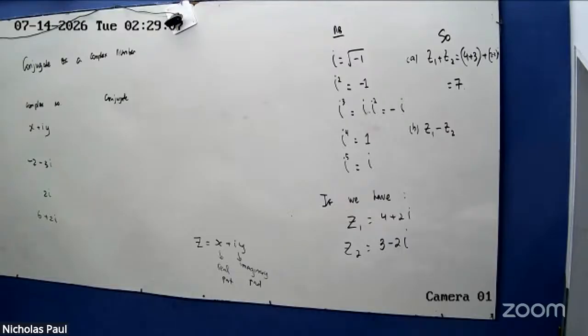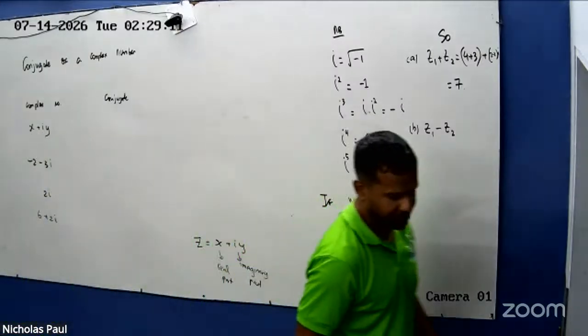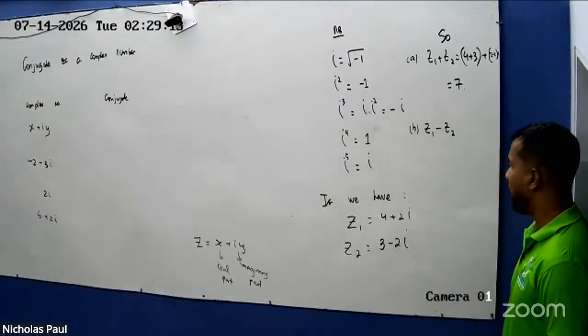Work out this here, please. Z1 minus Z2.